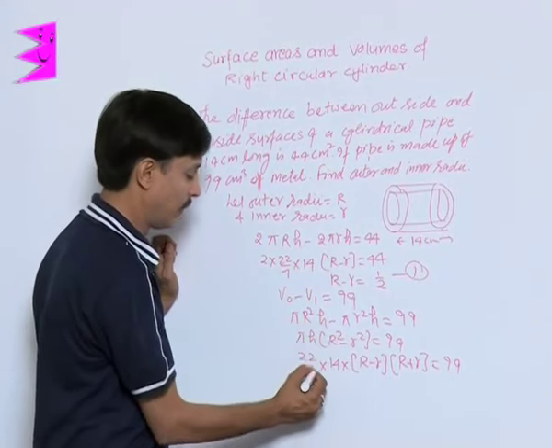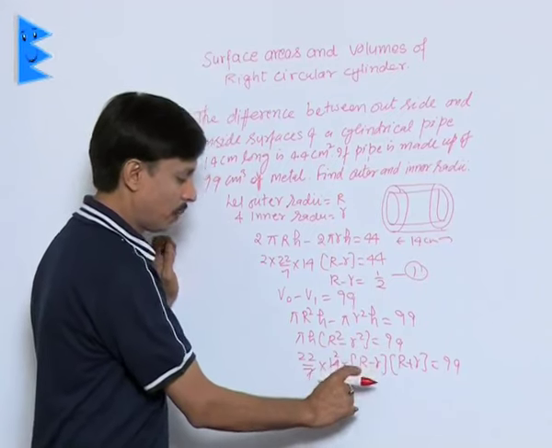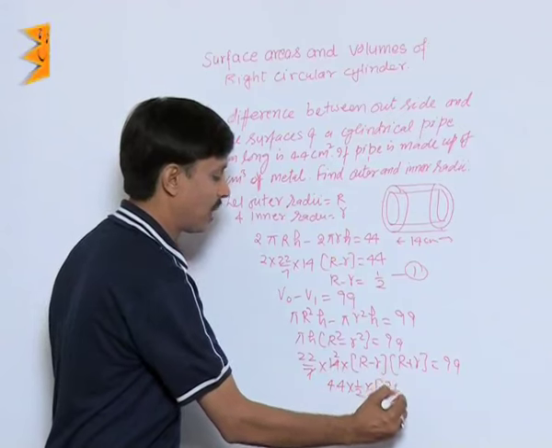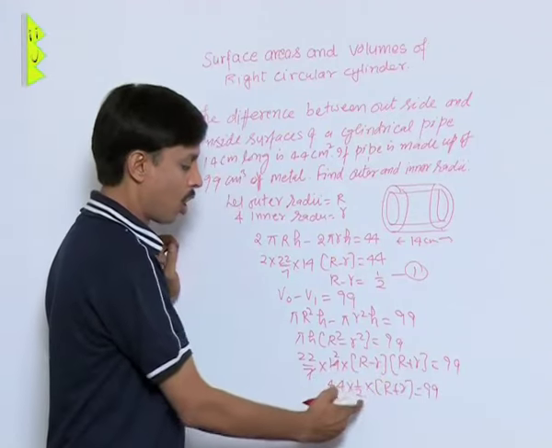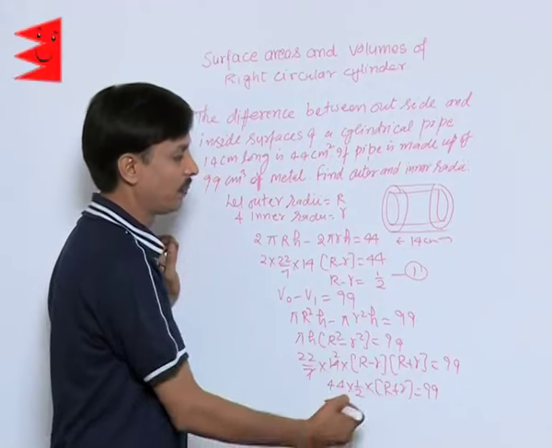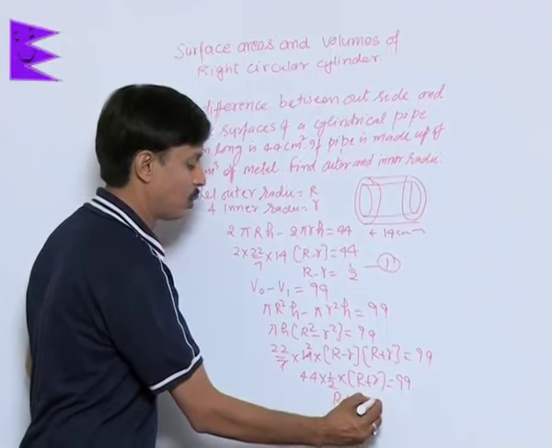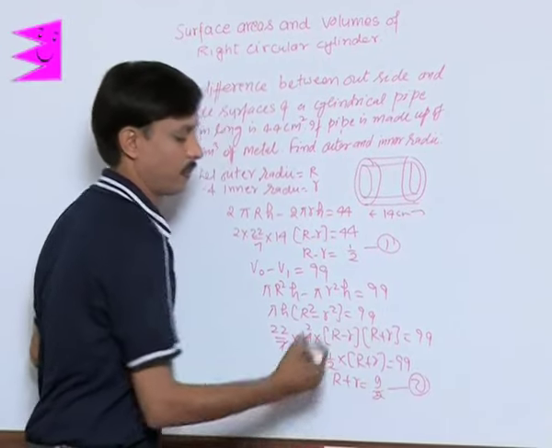So 7 2s are 14, 44 in place of R minus r, half into capital R plus small r is equal to 99. On simplification, this result I will get: R plus r is equal to 9 by 2, equation 2.